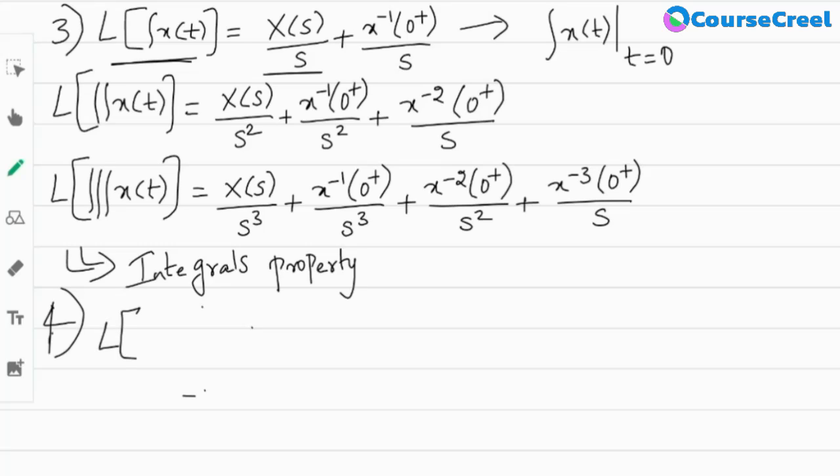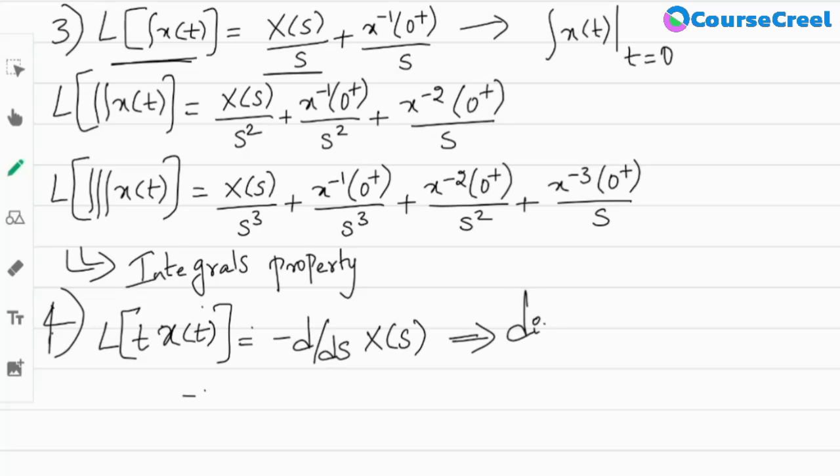That is, Laplace transform of t into x of t is equal to minus d by ds of x of s. So this property indicates differentiation in s domain.